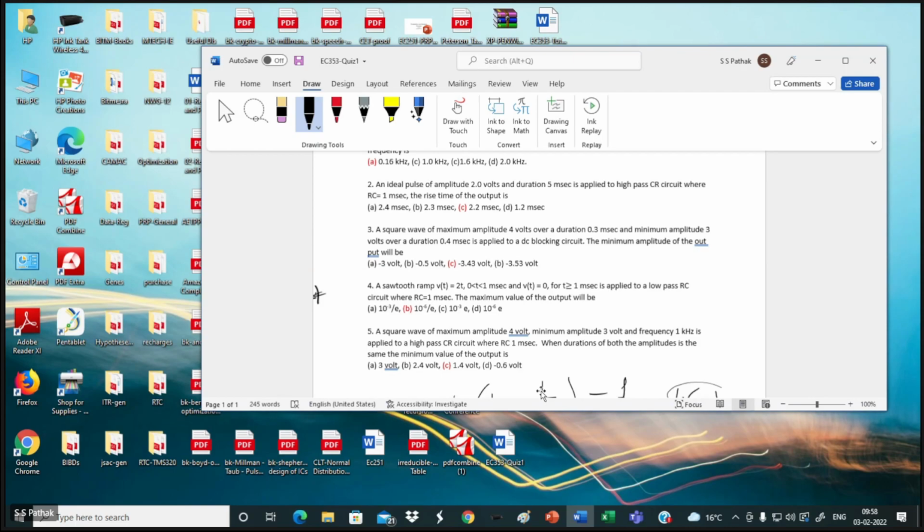Similarly, if I consider sometimes what is going to be the exponential rise of the current in the diode, I naught e to the power QV divided by KT minus 1, or e to the power V divided by V gamma, cut-in voltage, minus 1. Those things, if those are taken into consideration, what will happen to the clamping circuit, clipper circuit, all those things. So those things I'll be talking in the module 2 also.